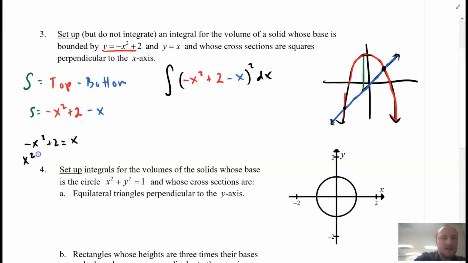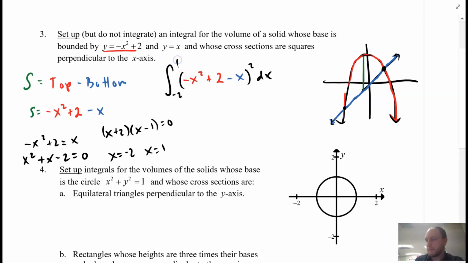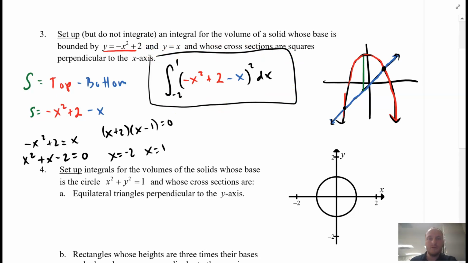If we do this, we get x squared plus x minus 2 is equal to 0, giving us x plus 2, x minus 1 equals 0, giving us these limits. So x is equal to negative 2, and x is equal to 1. So negative 2 to 1. And there you have it. There is your integral. Okay?